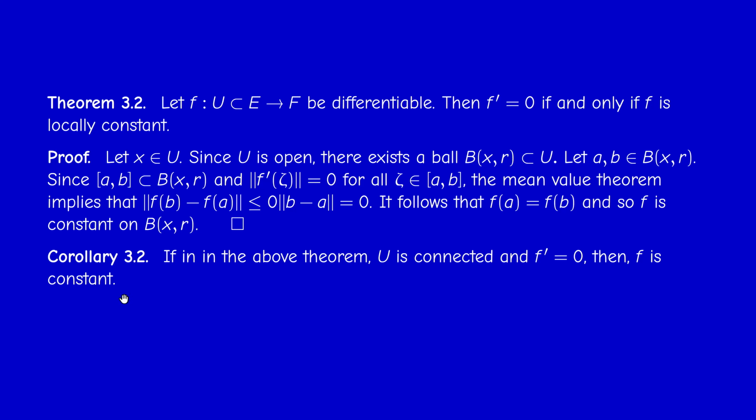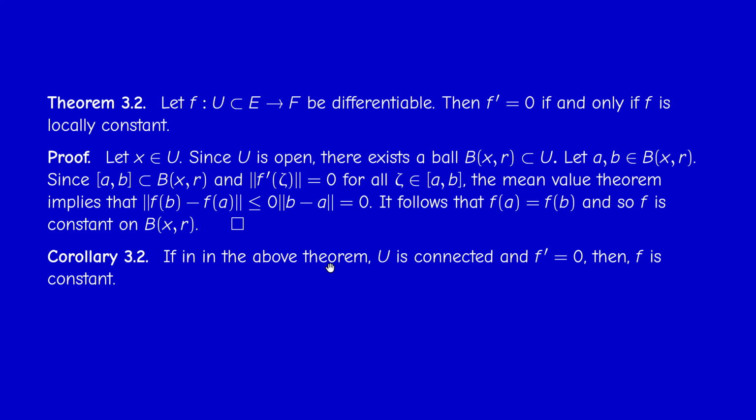And the last corollary: if f is differentiable on an open connected set, and the derivative vanishes, then f is constant, actually. And this is the general theorem that you are familiar with from high school.